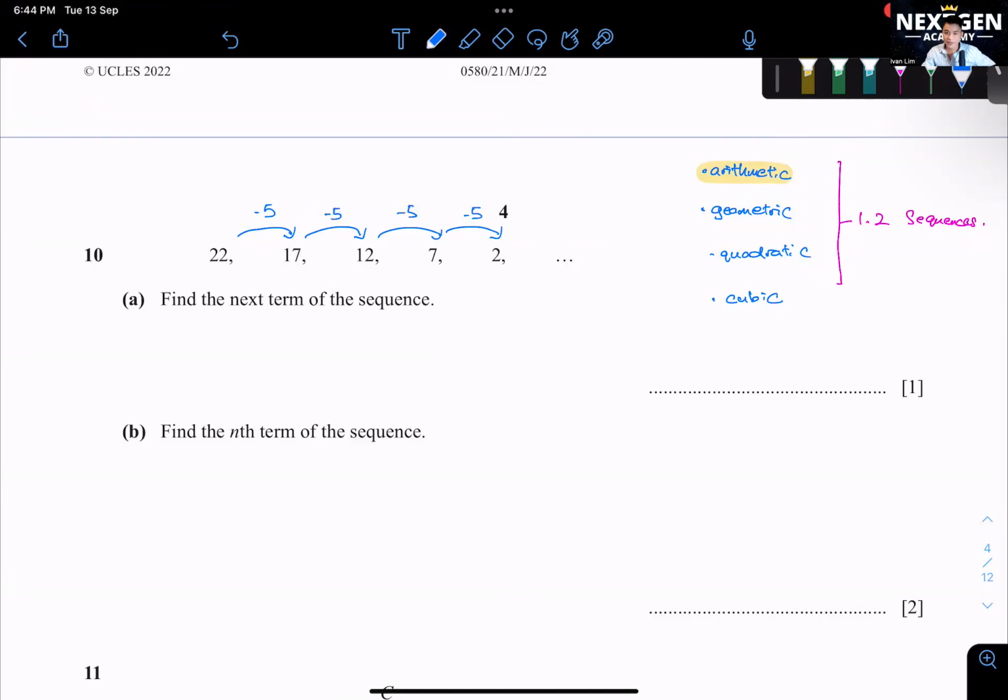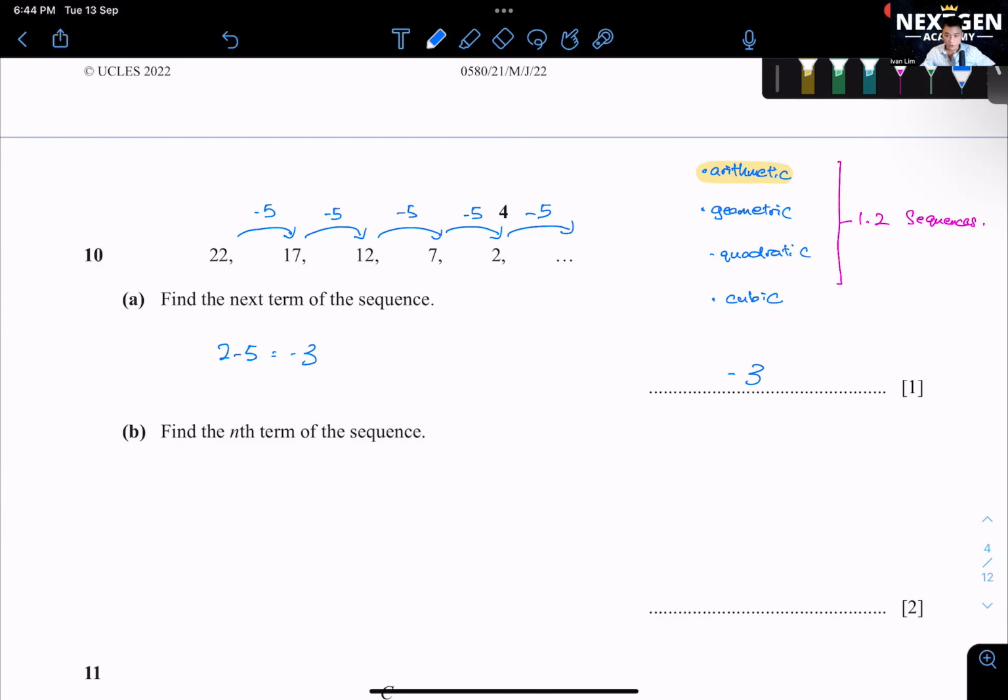So plus and minus is called an arithmetic sequence. So the next term will be what? You just minus 5. 2 minus 5, you get minus 3.